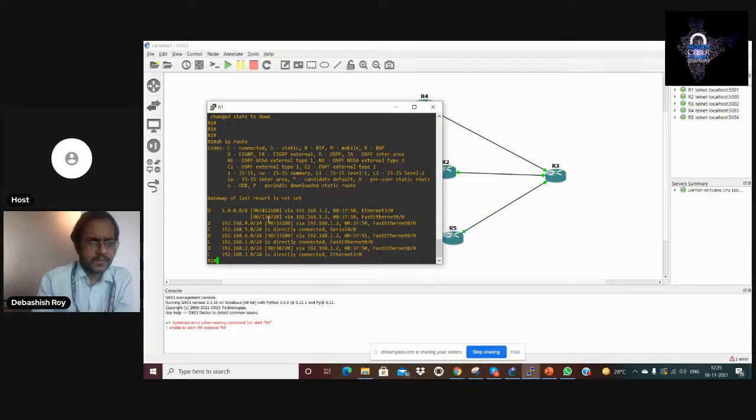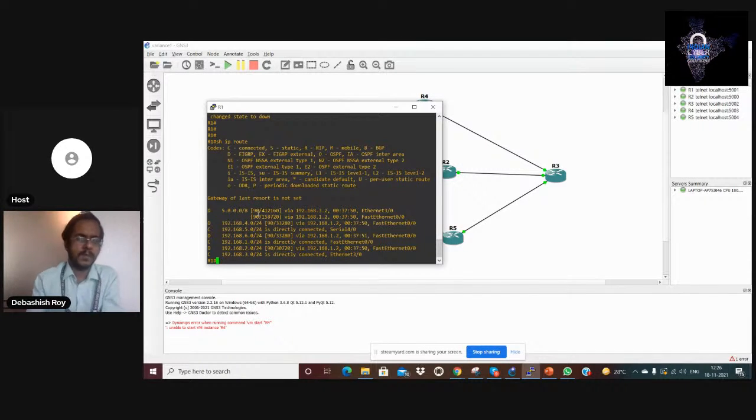Now, this is the main part for us. We want to go to the loopback interface of R3. R3 has a loopback interface, that is 5001. So we need to go to that network from R1, and we have two paths, and these are not equal cost paths anyway. These are unequal cost paths.